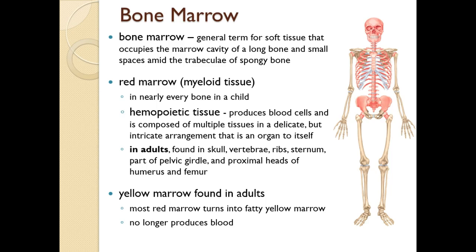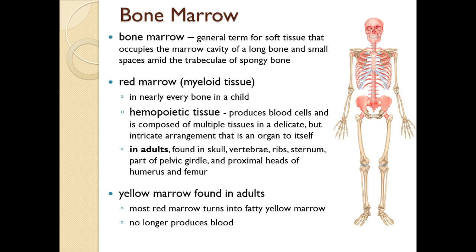So the humerus and femur are long bones, but you don't have red marrow in the medullary cavity of those bones. You only have red marrow in adults in the heads. And it says proximal head. What do you think that means? Proximal heads of the humerus and femur.